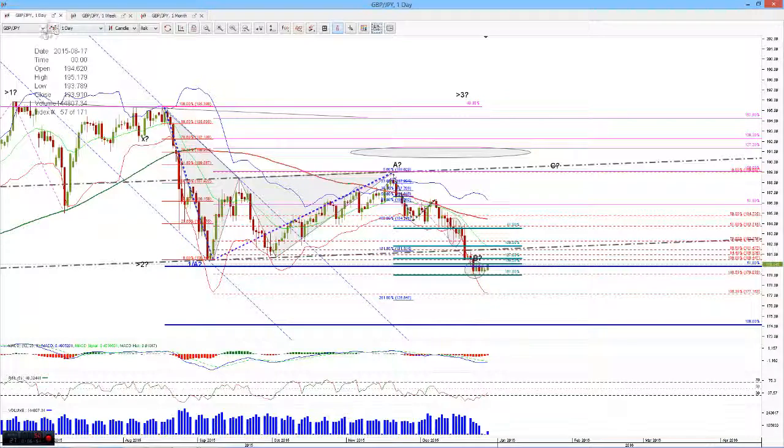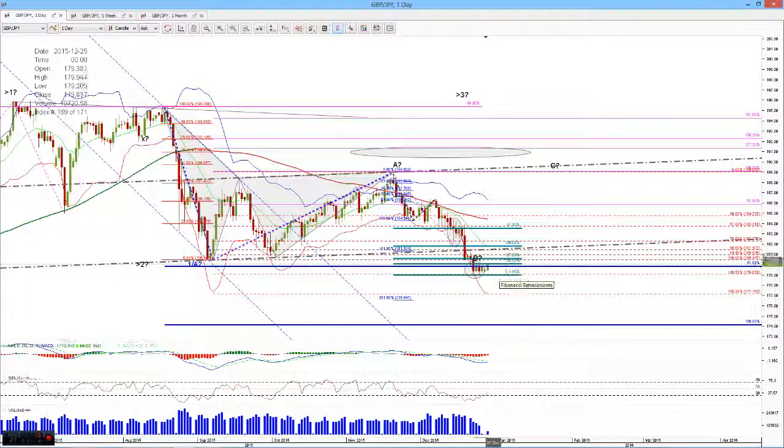That's my chart for the Great Britain Pound Japanese Yen, one of my favorite currency pairs. I mentioned this morning regarding this. This looks like a sandwich structure, and that might be a green candle, a doji, and a green candle that may give us a doji morning star. Okay, so a reversal in this area as a B wave.